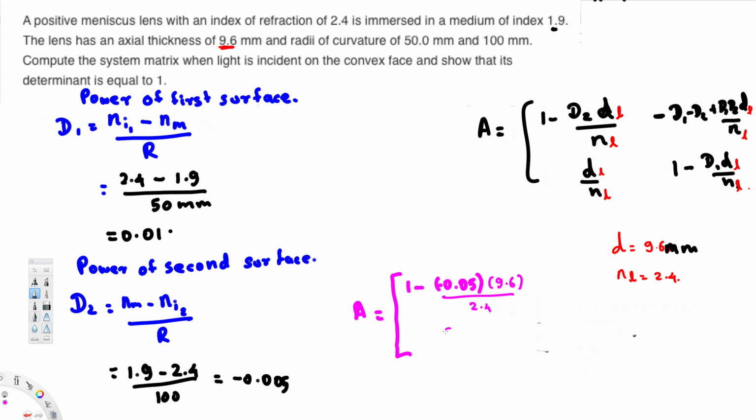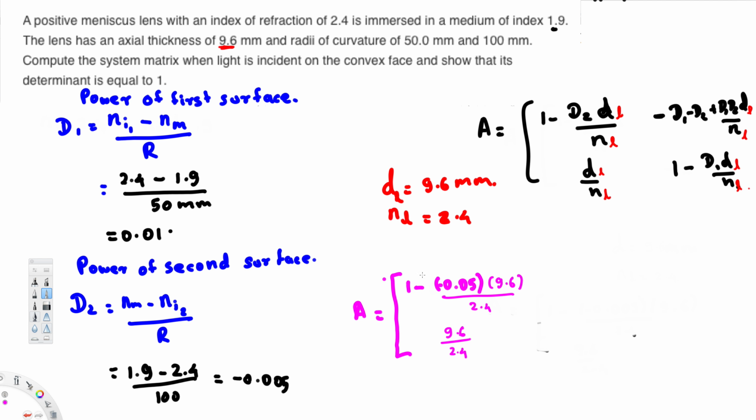D is the thickness 9.6, n is the index of refraction of the lens, that is 2.4. Let's write this on top. So d is equal to 9.6 millimeter and NL is equal to 2.4.